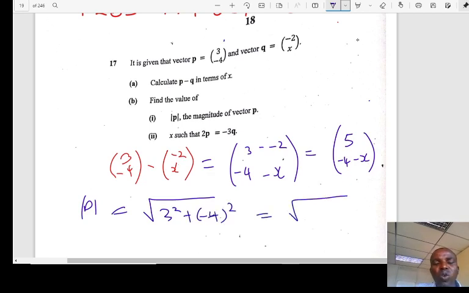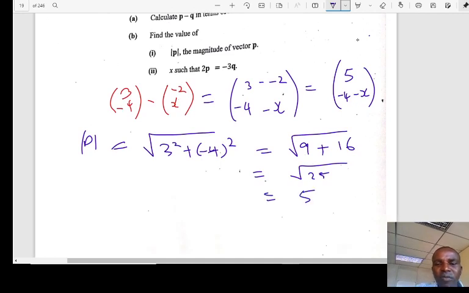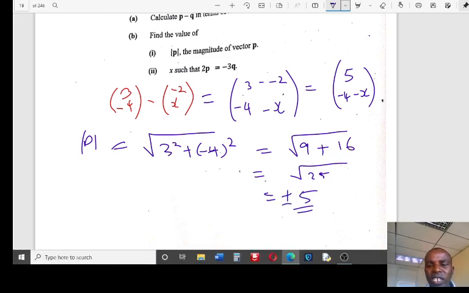Which is equal to square root of 3 squared is 9, minus 4 squared is 16. Minus 4 times minus 4, it will become plus 16. So it will be square root of 25. Square root of 25 is what? It's 5. Then remember, square root of a number is plus or minus. So square root of 25 is plus or minus 5, like this.